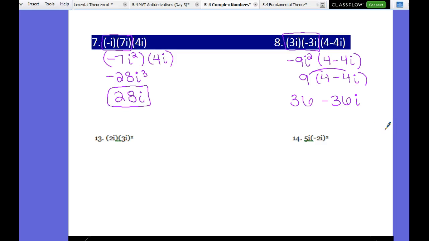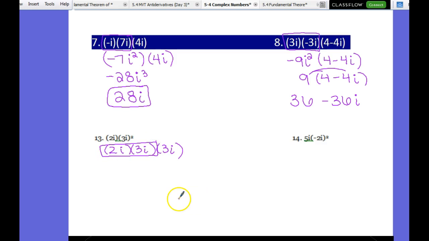Now, 13 is a little bit tricky. 3i squared does not become 3i squared. It becomes 9i squared. Because 3i quantity squared is really like 3i times 3i. So there's two 3's just like there's two i's. For whatever reason, when we see stuff like that, we tend to rewrite it as 3i squared and not 9i squared. And again, it doesn't matter what order you group it.